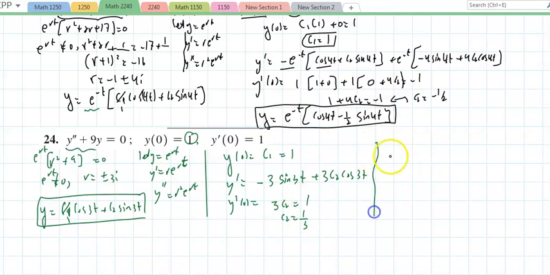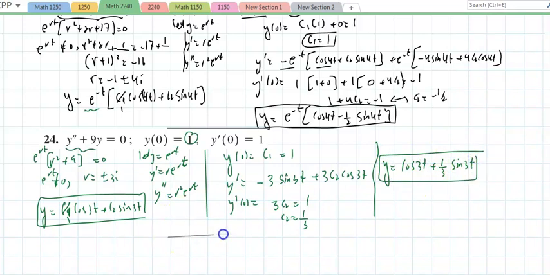That indicates my solution is y equals the cosine of 3t plus 1/3 the sine of 3t. That would be the solution satisfying those initial conditions.